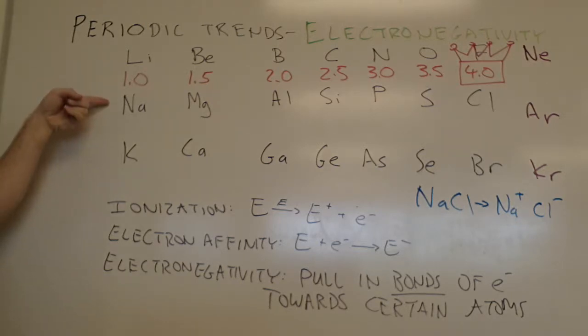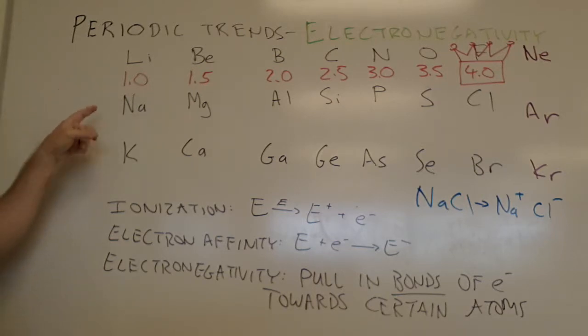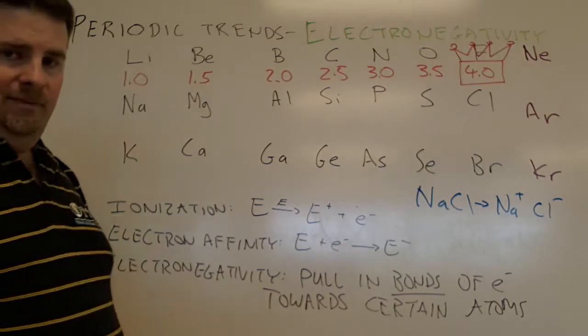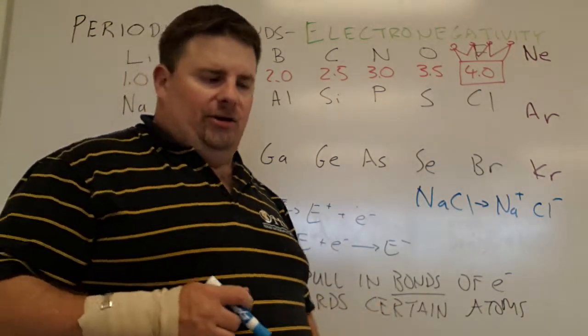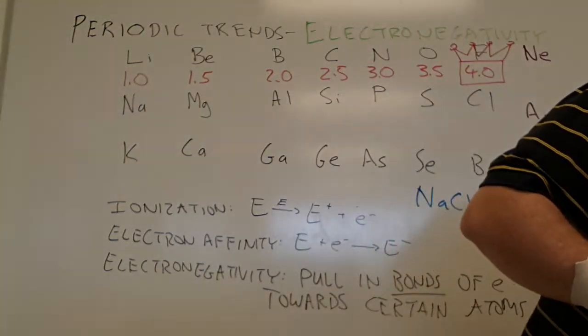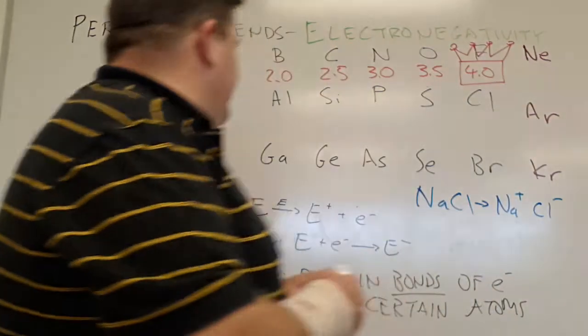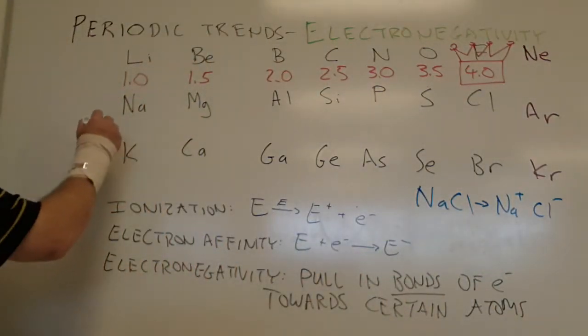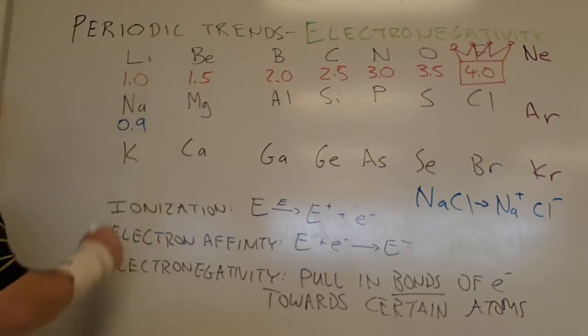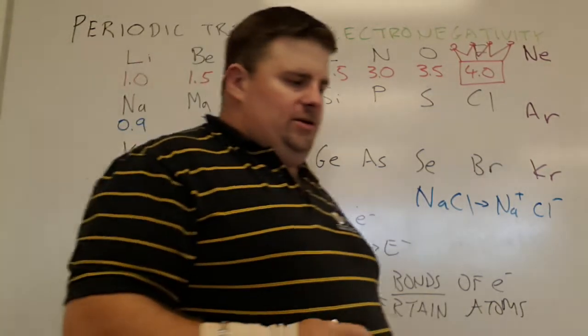So this guy is going to have a greater shielding coefficient for its outer shell than lithium does. Okay, so I should see an impact on the electronegativity. It's not giant, because I've only got 1 electron in that outer shell. And for sodium, it's 0.9. Okay, so not a giant value.